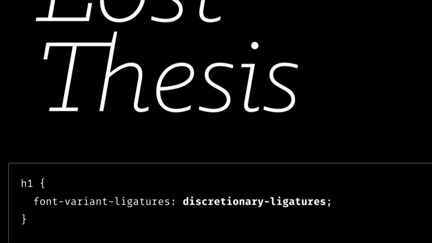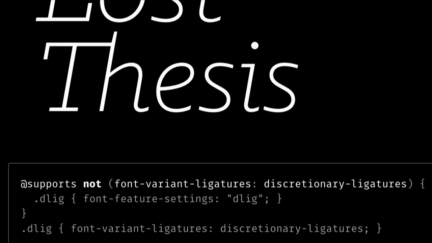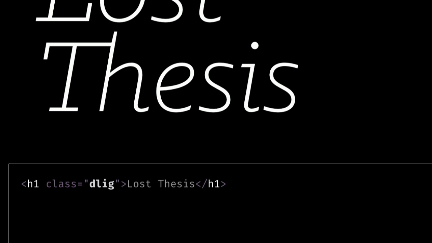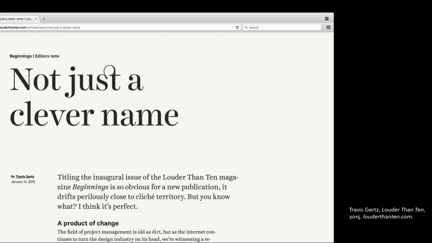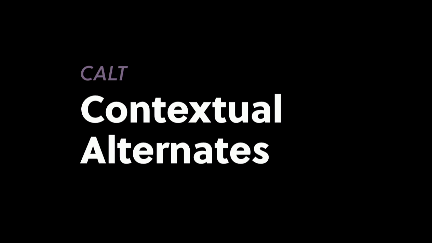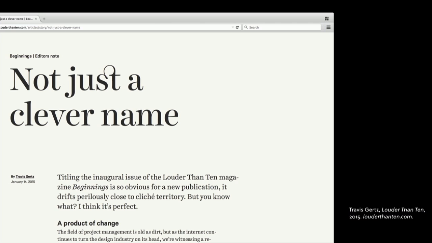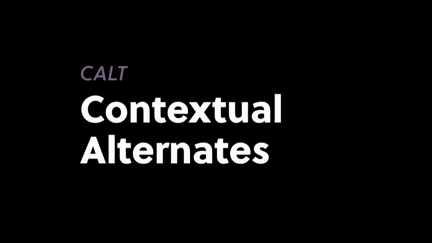So you could use font variant ligatures, and instead of common ligatures, you could say discretionary ligatures. Or for better browser support, you could write that kind of complicated supports query, or at least hard to remember. Or you can use my utility OpenType library if you want and apply the dlig class name. And then you'll have discretionary ligatures in your headlines, or wherever you choose to apply them.